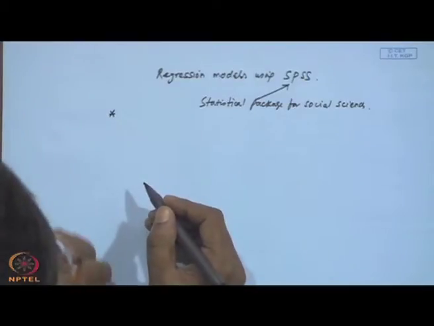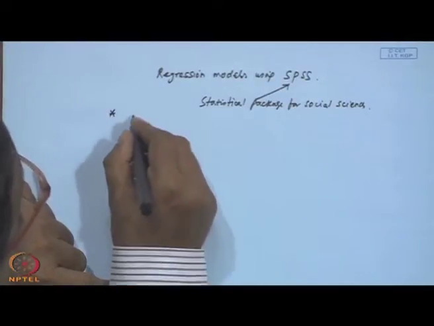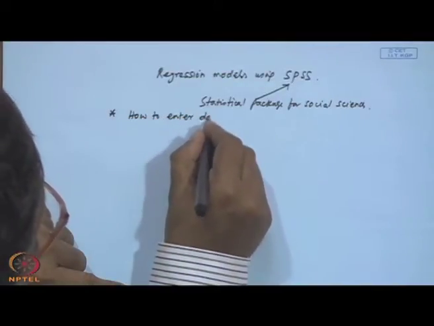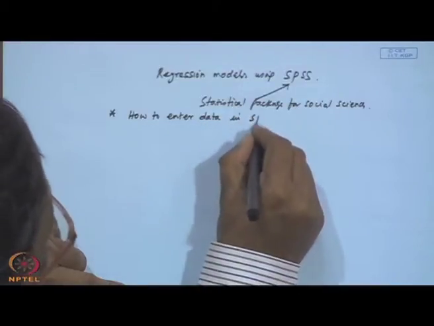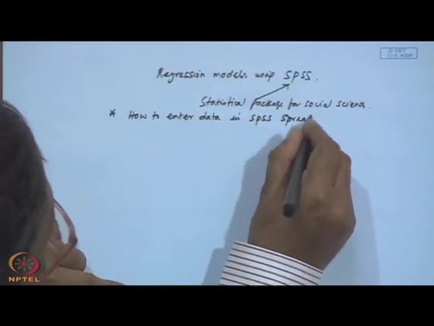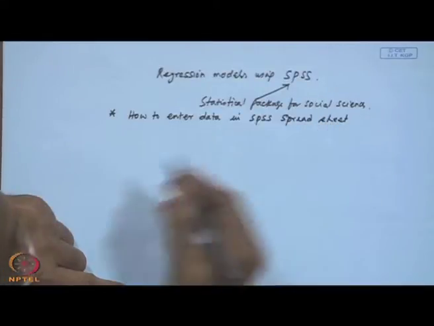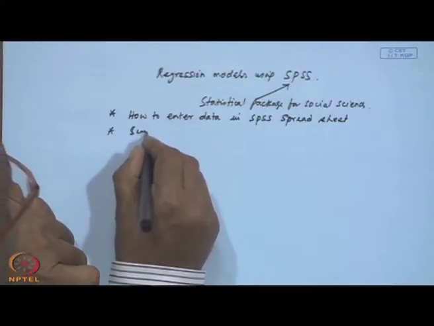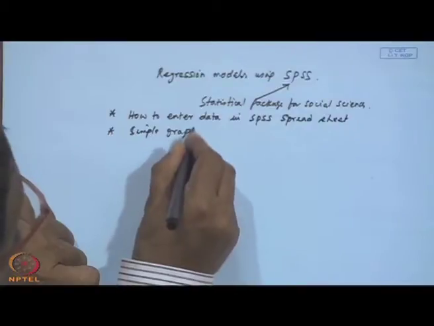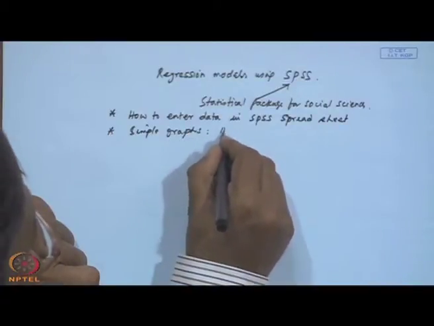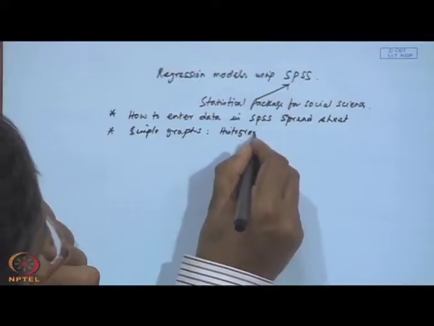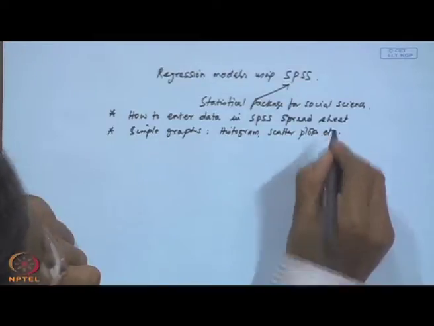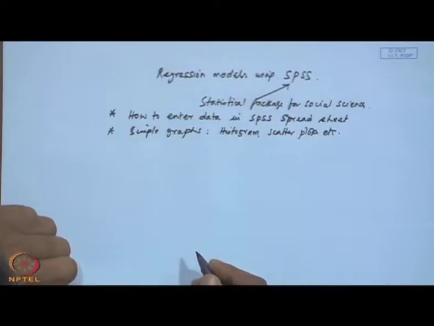So, what we will discuss now, I will first show you how to enter data in SPSS spreadsheet. Then we will see how some simple graphs, for example histogram, scatter plot, all those etc., can be done using SPSS.